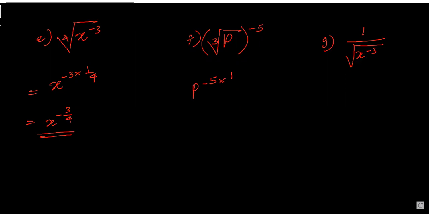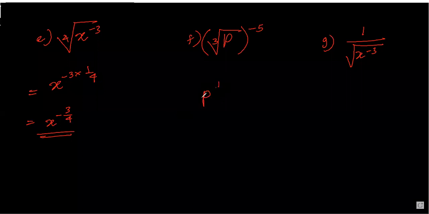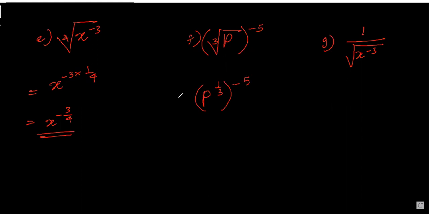According to the order, we will do the simplification so we can get it perfectly correct. P to the power 1/3. First remove the brackets. Next, to the power minus 5. P to the power 5 times minus 1 into minus 5, minus 5/3. Right. This one now.